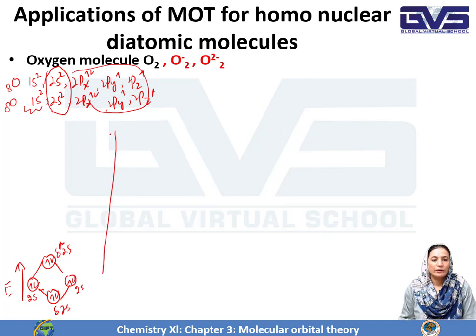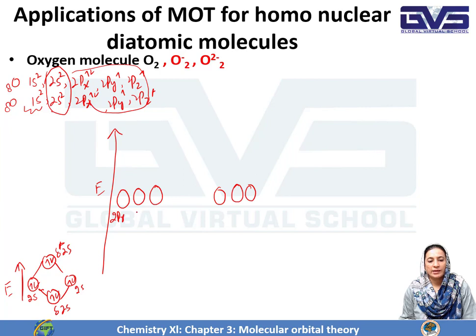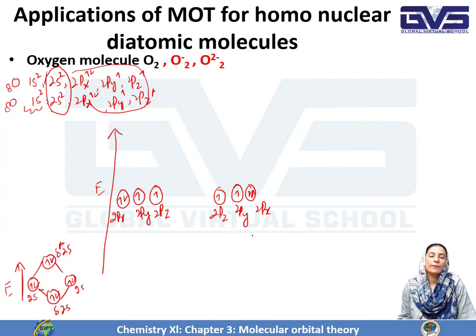Now for oxygen, one has 2px, 2py and 2pz, and the other has 2px, 2py and 2pz. They contain 4 electrons each in this case. Out of 6 atomic orbitals, 6 molecular orbitals will form. Half of them, meaning 3, will be at lower energy level.